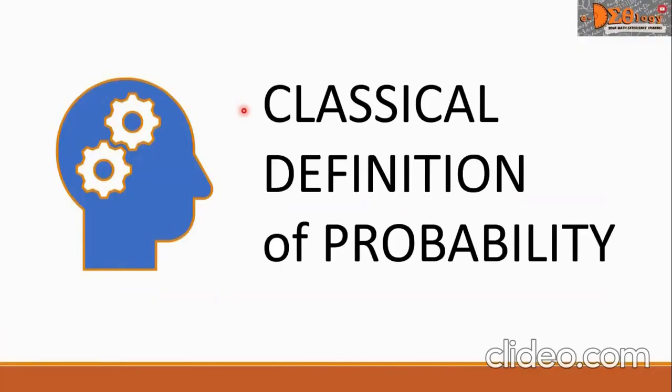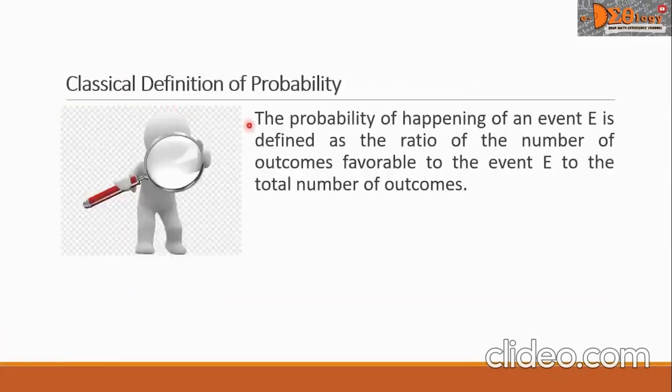Today we're going to study the classical definition of probability. The probability of happening of an event E is defined as the ratio of the number of outcomes favorable to the event E to the total number of outcomes.